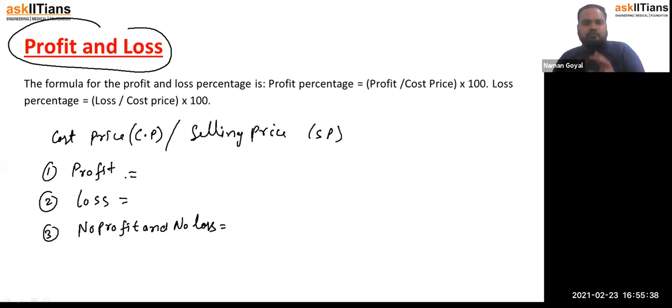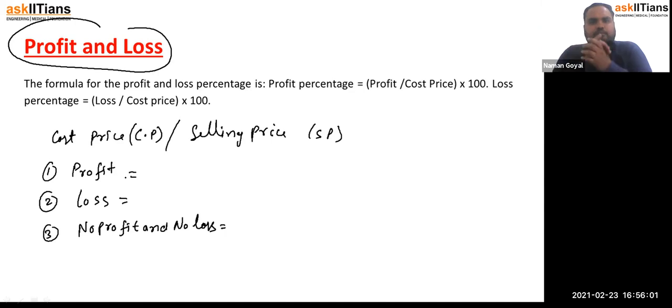Okay, now see, if he makes a profit, then definitely CP is less than SP. What is the CP? CP is the amount at which a shopkeeper buys an item. And SP is the amount at which the shopkeeper sold an item.